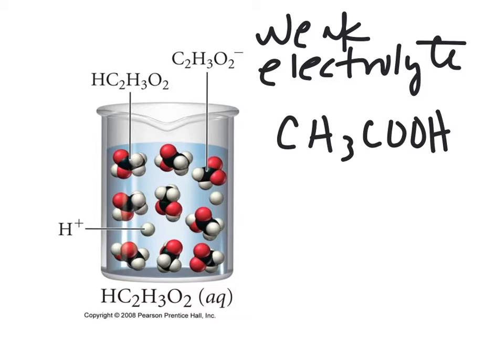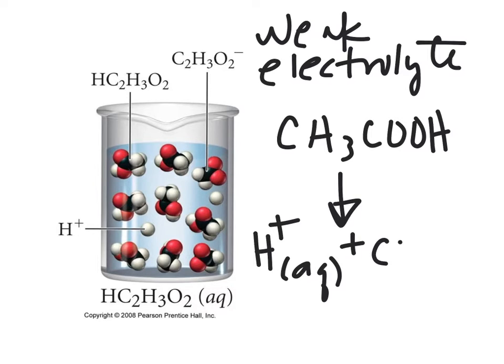That's the formula for acetic acid. I might be writing it a little differently than you're used to, but it's still acetic acid. When you dissolve it in water, this covalently bonded molecule breaks apart into aqueous protons and the acetate ion, which is just one of our polyatomic ions, and it's also aqueous.